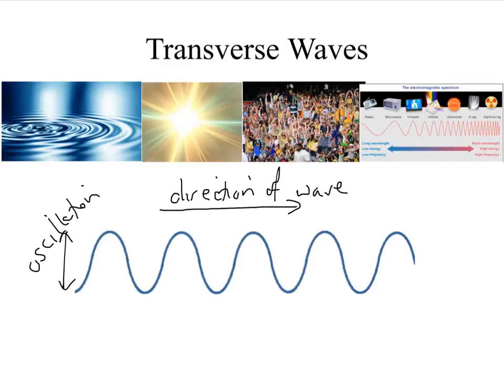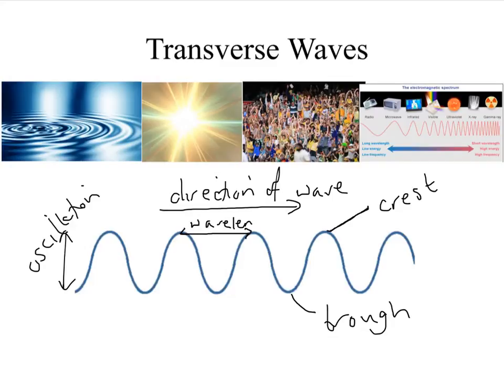There are some key features of a transverse wave which we're going to label. The first are the crest and the trough. The crest of the wave, as you might imagine, is the peak at the top right there, and the trough, the opposite part at the bottom. The wavelength of the wave is the distance between any two identical points on that wave. So we could draw the wavelength in there, excuse the writing.